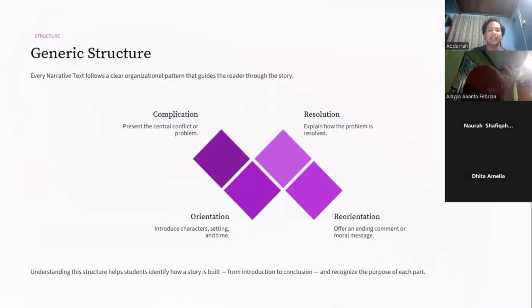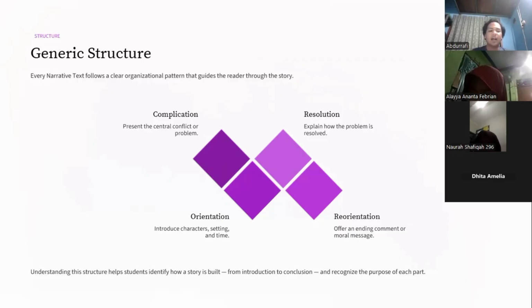Every narrative text has four main parts. The first is orientation. In orientation, this introduces the character, the setting, and when the story happens. The second is complication. This is where the main problem or conflict begins. The third is resolution.